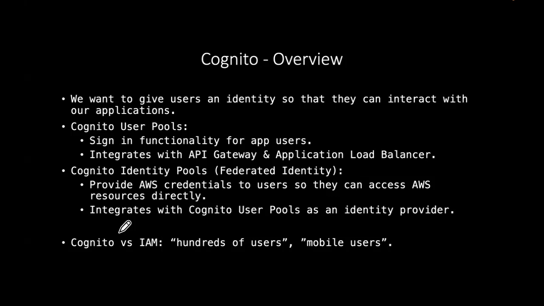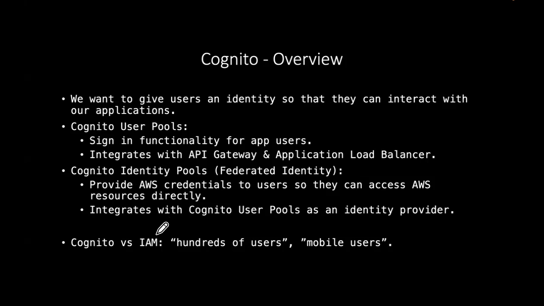People often are curious about, well, what's the difference between Cognito and IAM? Because we know that in the IAM service, the identity and access management service, we have the notion of users as well, and it's about giving users access to resources, which sounds very much like Cognito identity pools, and in fact, it kind of is. They overlap.